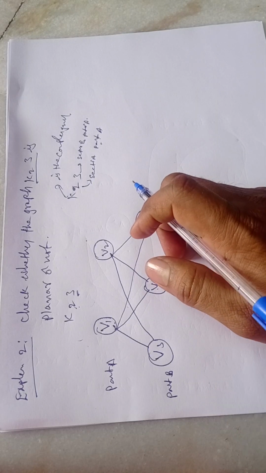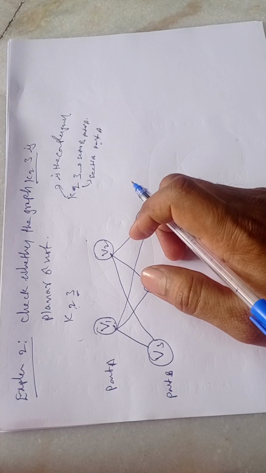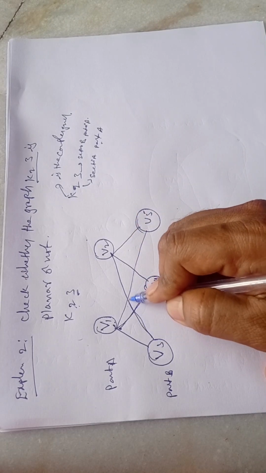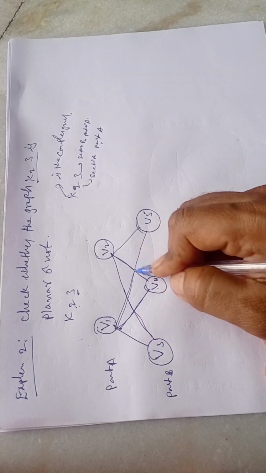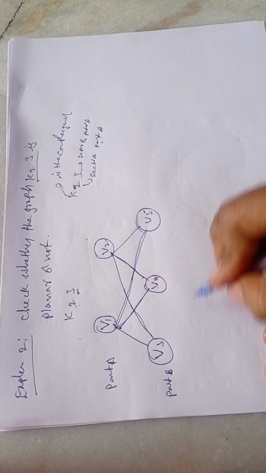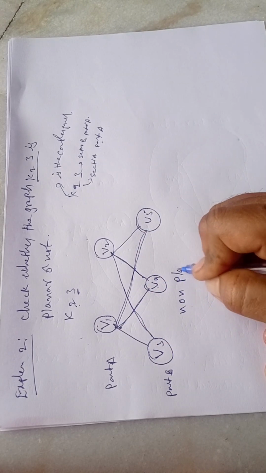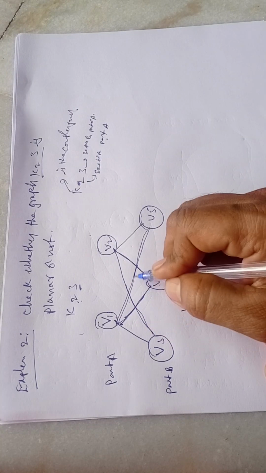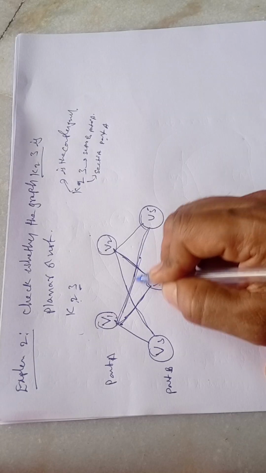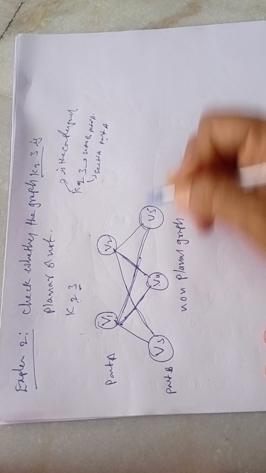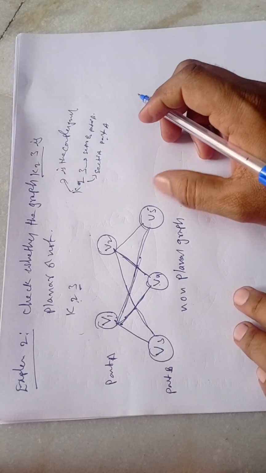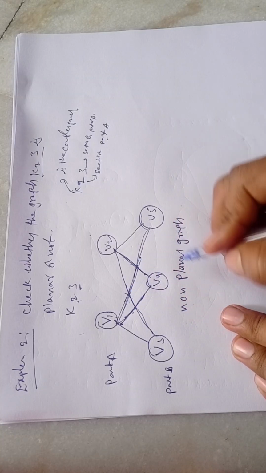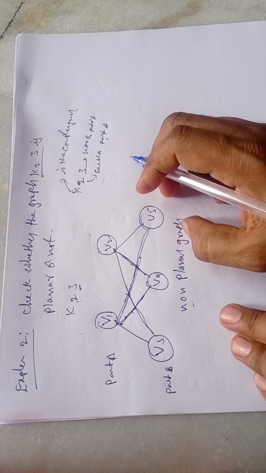A non-planar graph is one drawn with crossing edges. Because several edges are crossing, it is shown as a non-planar graph, right?